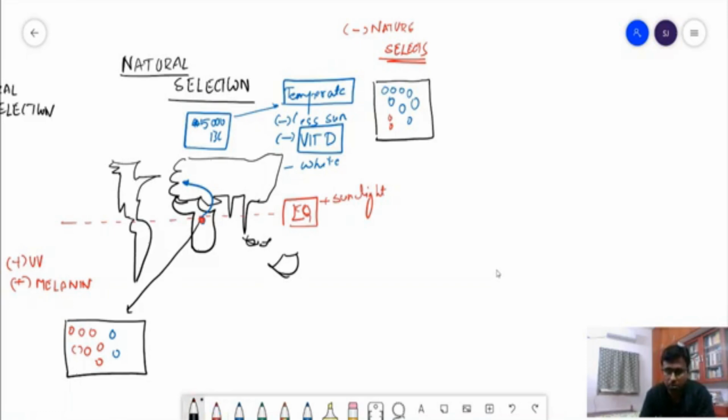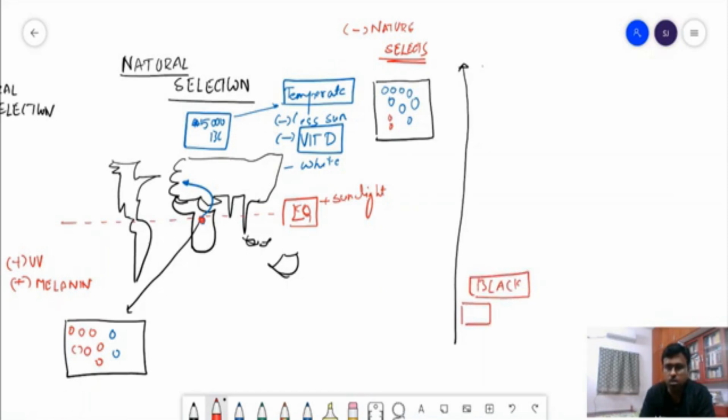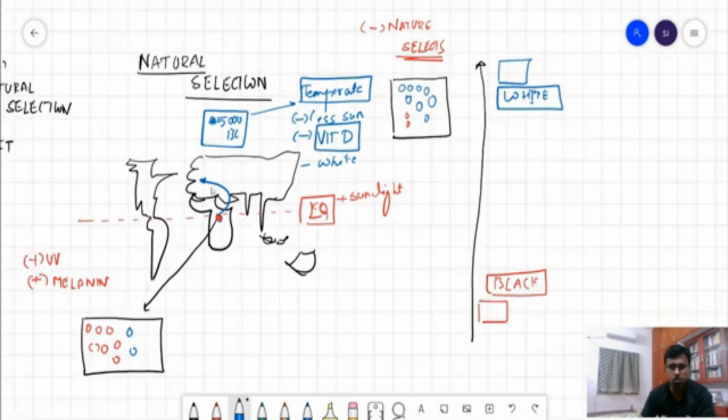But see here, what is this change? According to natural selection, a population which had black skin color has now changed into white. The transition from black to white, isn't it evolution? So this is what is called evolution.